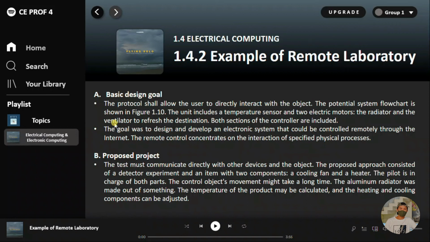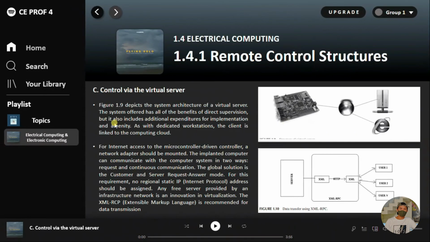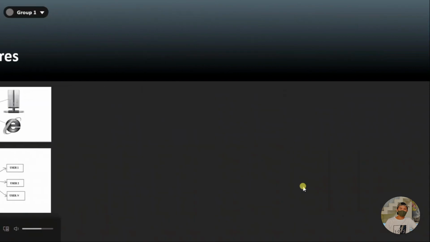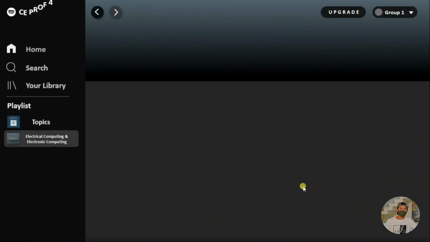The protocol shall allow the user to directly interact with the object. So the potential system flowchart is shown in figure 10. So kani ang iya flowchart.